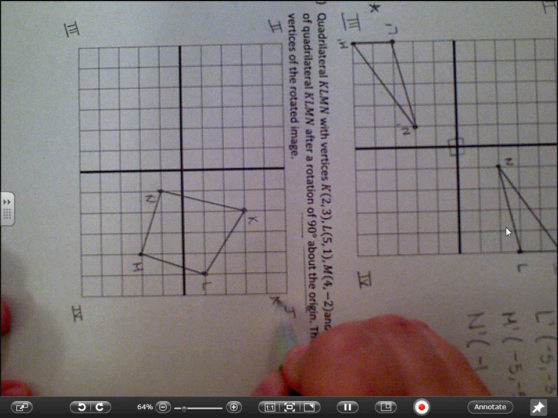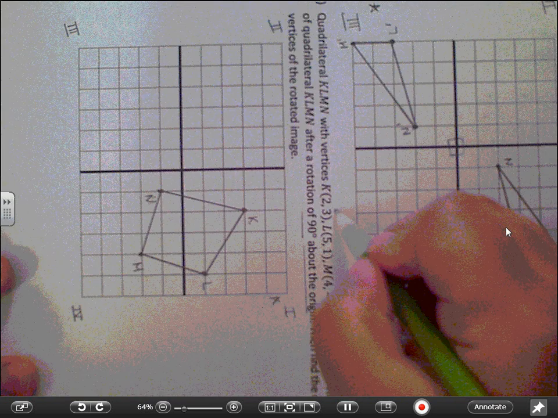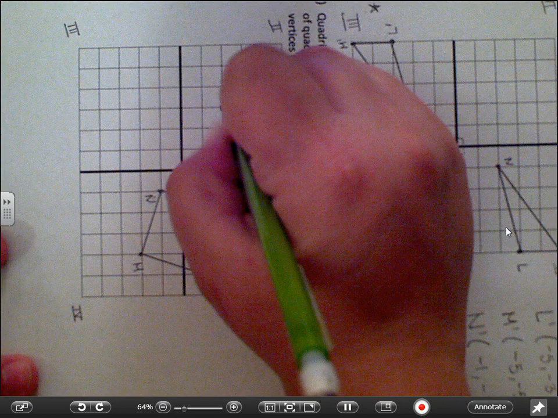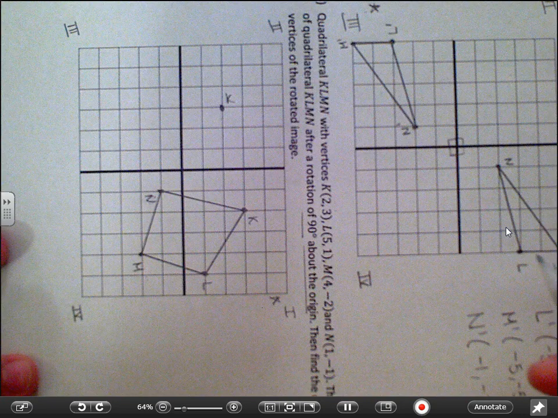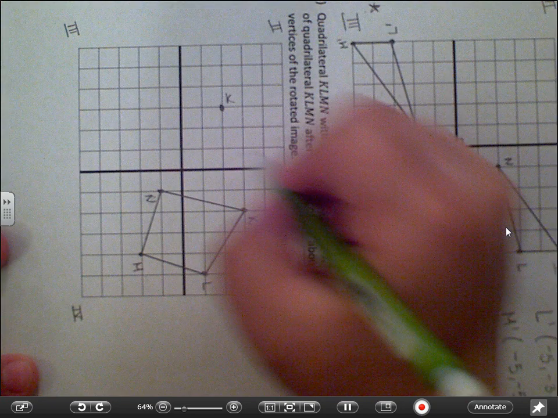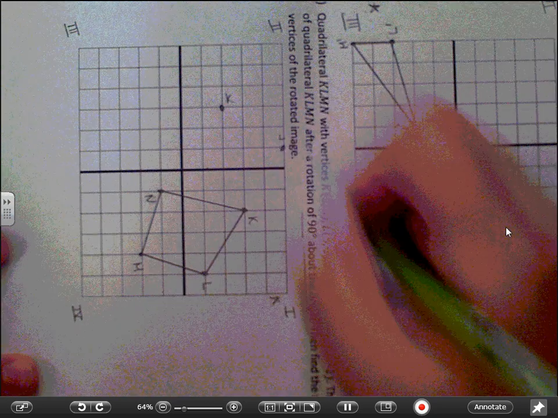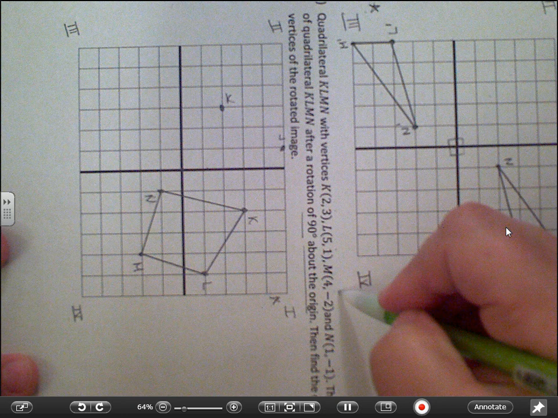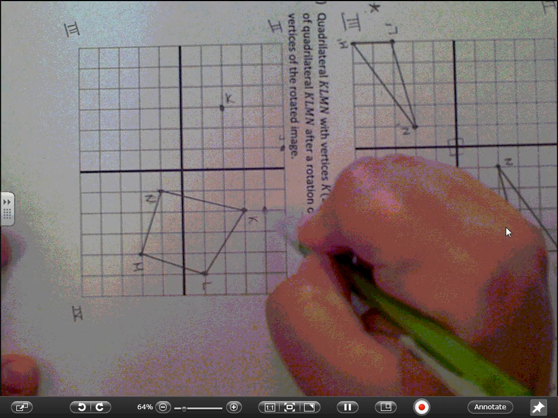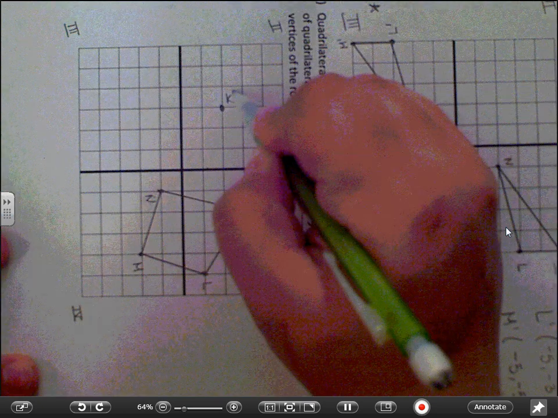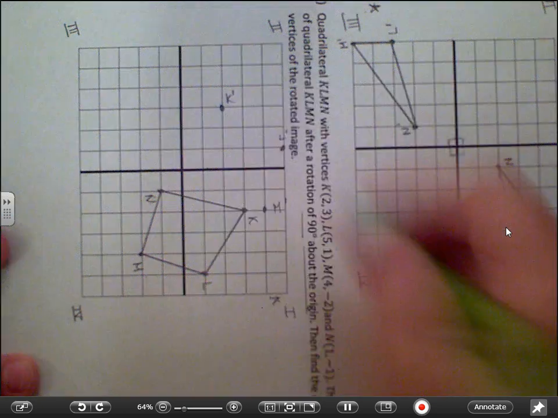Now we can replot all these points. K is 2, 3. L is 5, 1. M is 4, -2. These are all primes. N is 1, -1.